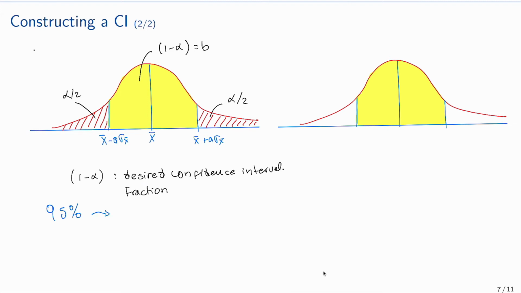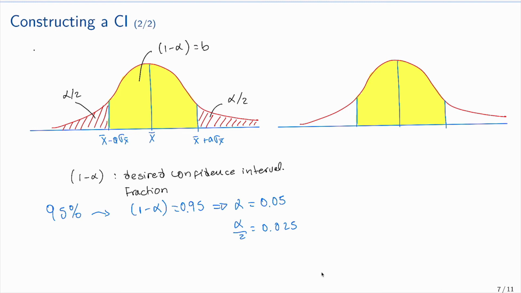So that means that 1 minus alpha is equal to 0.95, right? And alpha will be equal to 0.05, and alpha over 2 will be equal to 0.025. So we will be looking on the tables for this value.